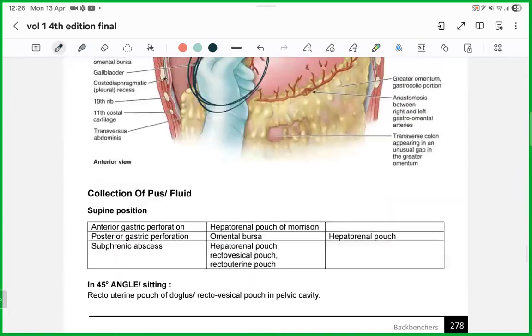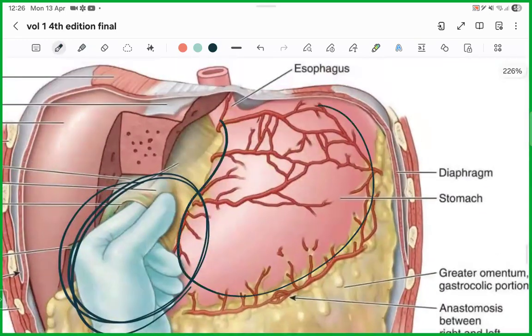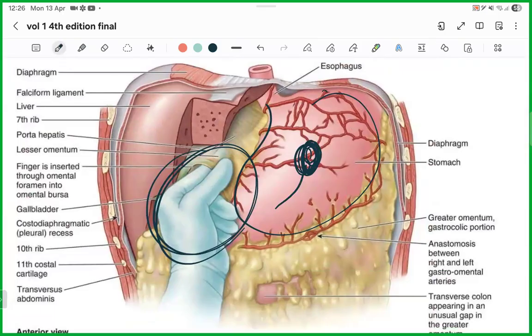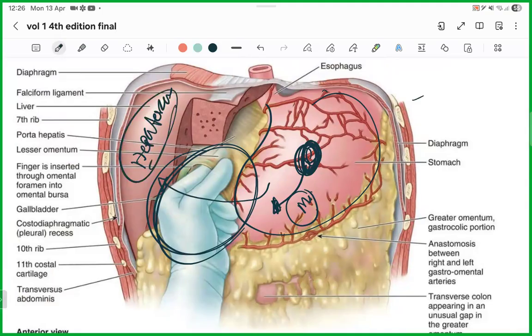Collection of pus. If this is our stomach and we get an anterior stomach perforation, what will happen? There will be leakage of fluid, and this will be collected at the most dependent part, that is the hepatorenal pouch of Morrison, if the person is supine or lying in bed.